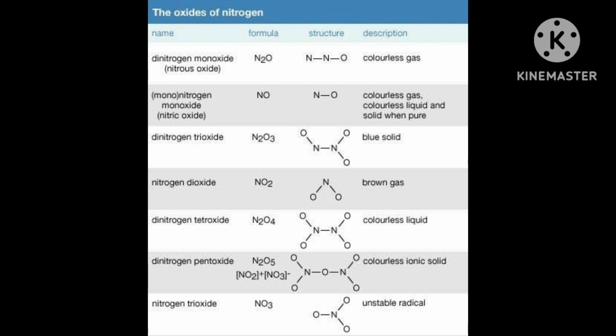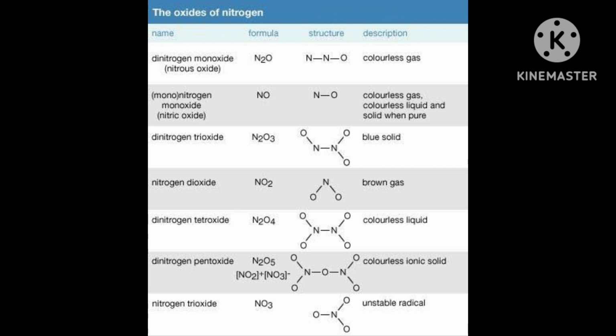The third one is N2O3. N2O3 is dinitrogen trioxide: N2 means dinitrogen, O3 means trioxide. It is also called nitrogen 3 oxide because the oxidation state is +3.